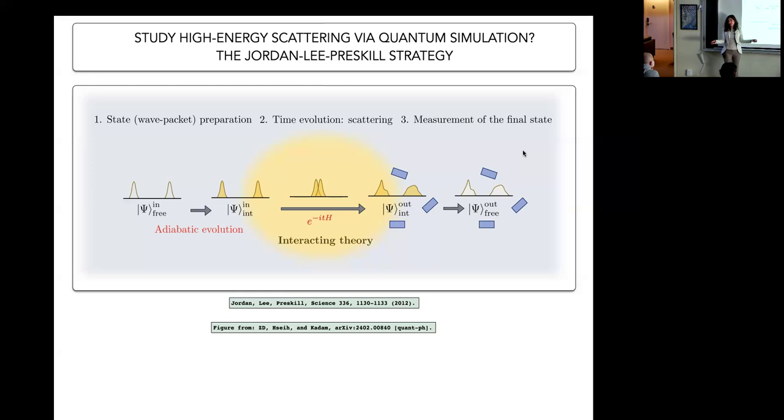It happens so quickly, and it's very hard to actually put probes in the experiment right after these collisions happen. But in quantum simulators, in principle, we have access to the wave function of the system at any time. We can do measurements right here, and far away, just as we do with a particle collider. So that's the power of quantum simulation.